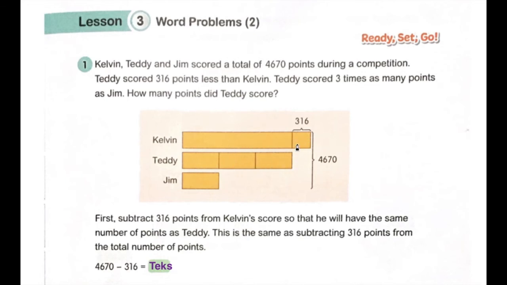Lebih sedikitnya ini 316. And then Teddy scored 3 times as many points as Jim. 1, 2, 3. 3 times from Jim ya. So how many points did Teddy score?